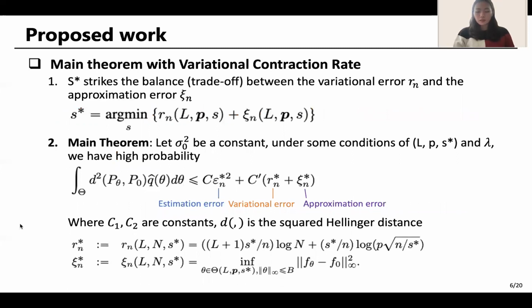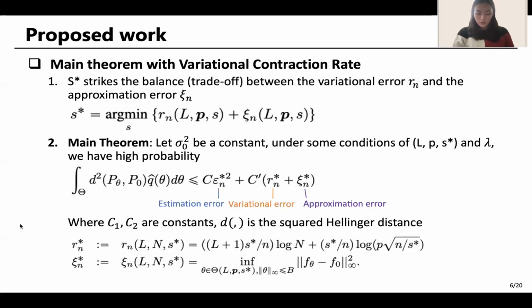Now let's look at the main theorem part. This work defines S star, the optimal S, that strikes the balance between the variational error and the approximation error. Interestingly, we do not need to find S star, as this modeling attains the same rate of convergence as if the optimal S star is known.